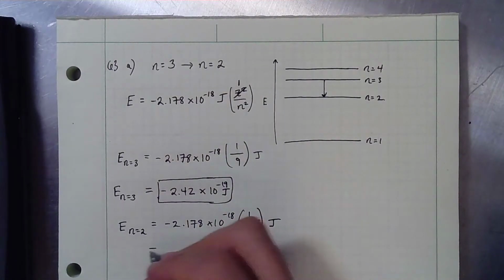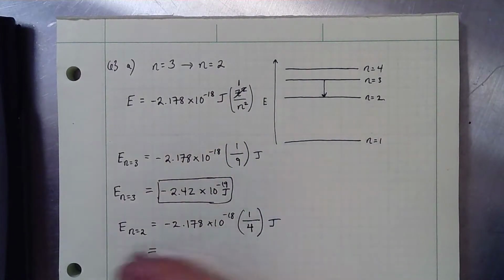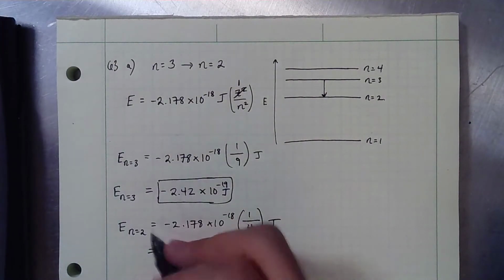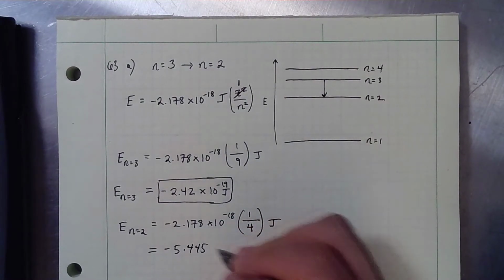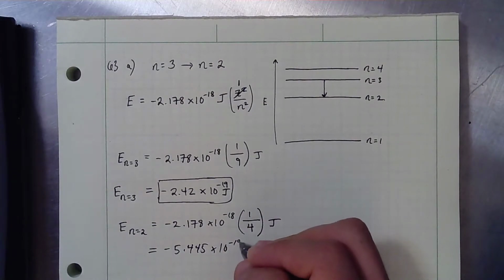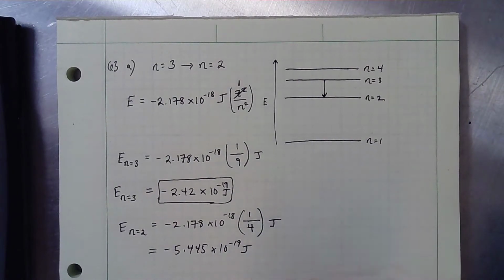So I'm just dividing this number by 4. I'll do that on my calculator really quickly. Negative 2.178 times 10 to the negative 18 divided by 4. Get negative 5.445 times 10 to the negative 19 joules.